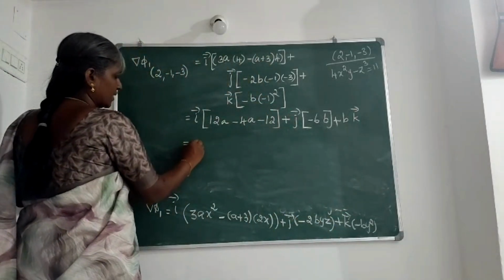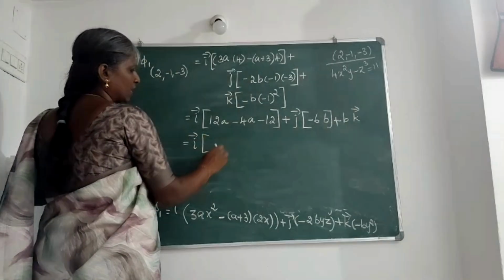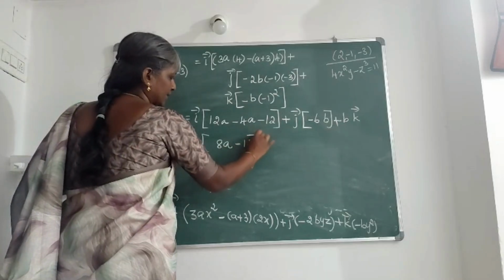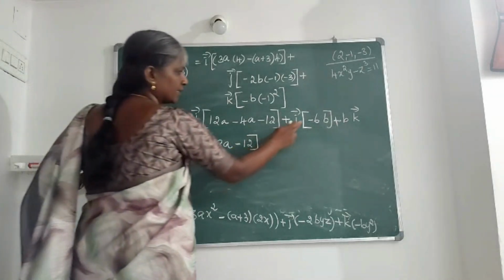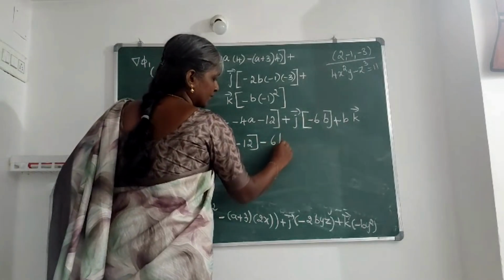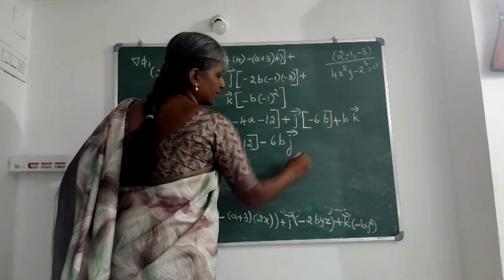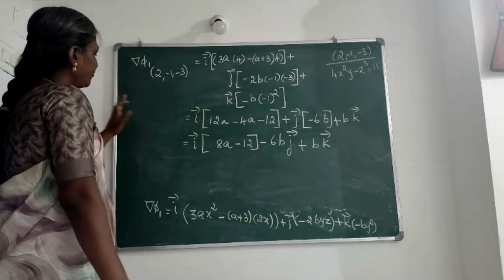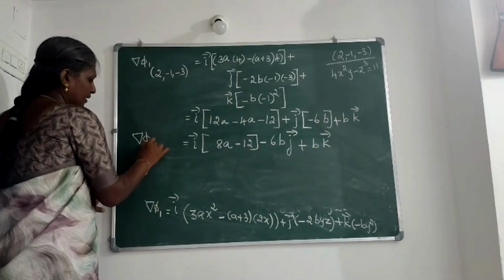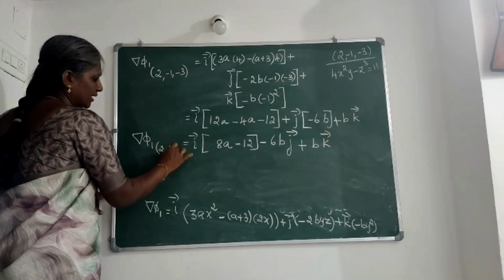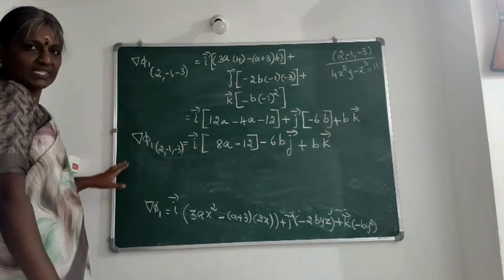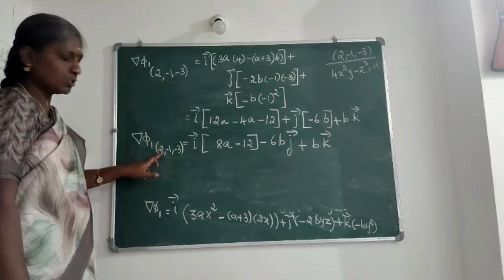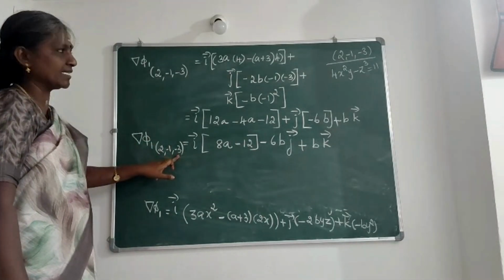So that is equivalent to i vector of 12a minus 4a becomes (8a − 12) i vector, minus 6b j vector plus b k vector. This is the value of del φ1 at the point (2, −1, −3).